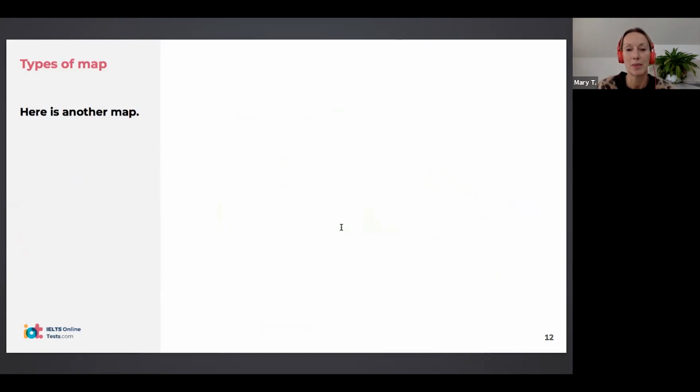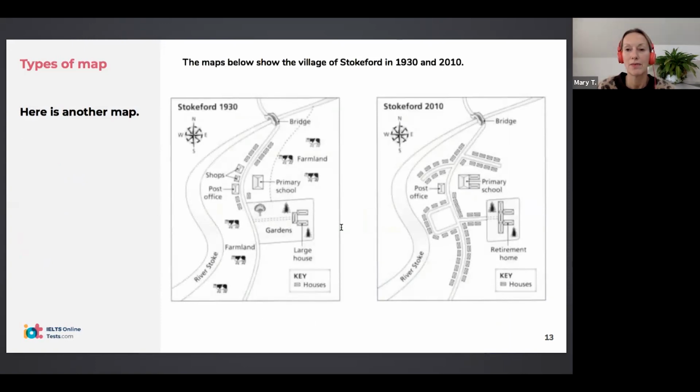Okay, so here's another type of map. So just have a quick look at this one. What does this one describe? Yeah, a village, development of a town. Okay, I mean, some of the changes are similar, but if you look at the years, yeah, the past, yes, exactly.